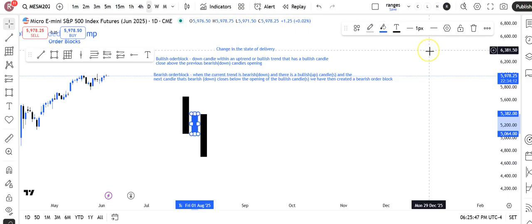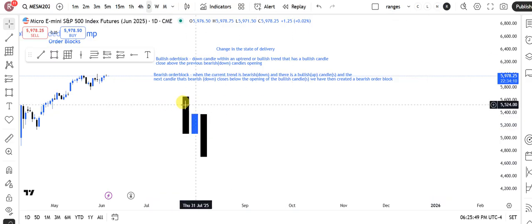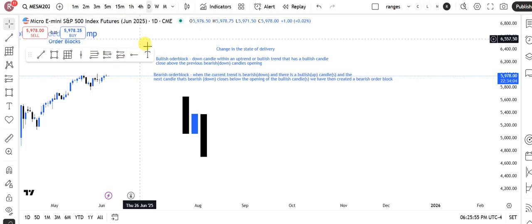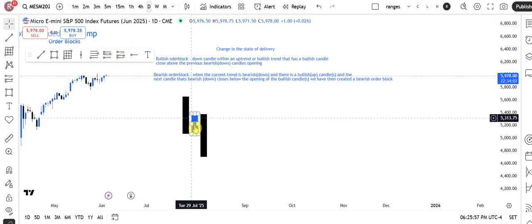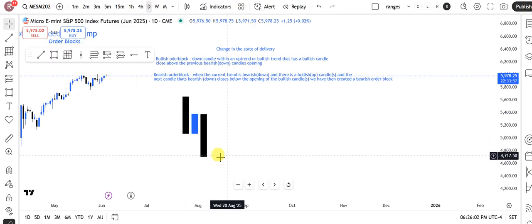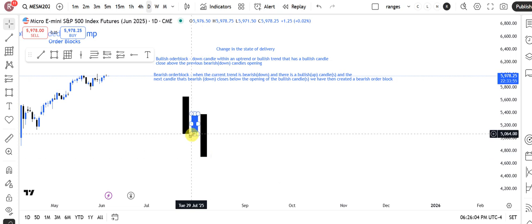Make that one blue. Okay, perfect. So like I said, I'm not doing wicks, but anyway, so here we're assuming price is gravitating down, down, down, down, down. We see this candle, then we see an up candle, then the next candle closes below the opening price of the up candle. That validates this up candle as an order block.